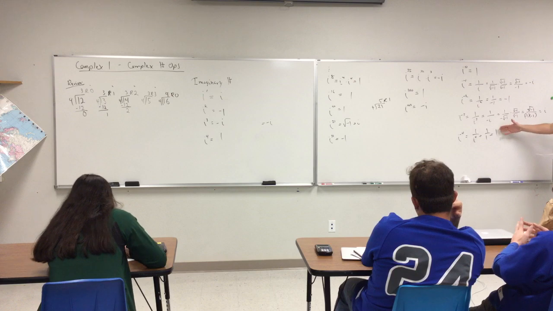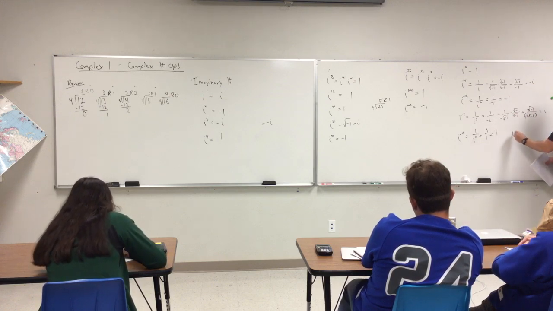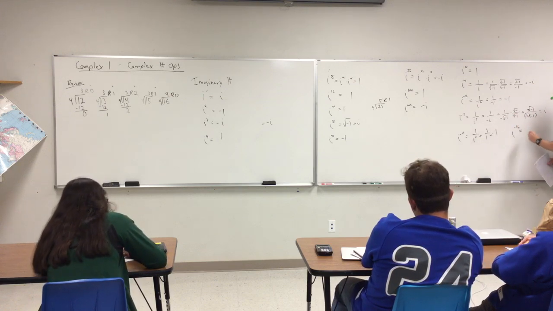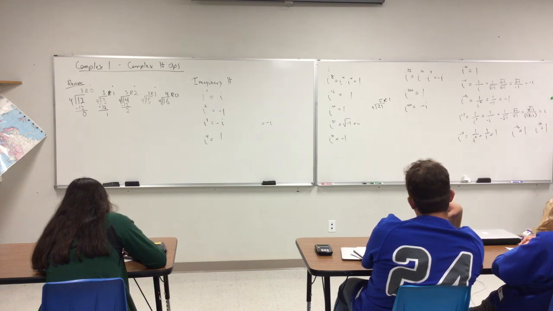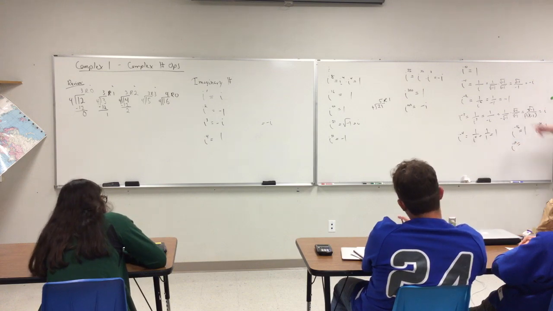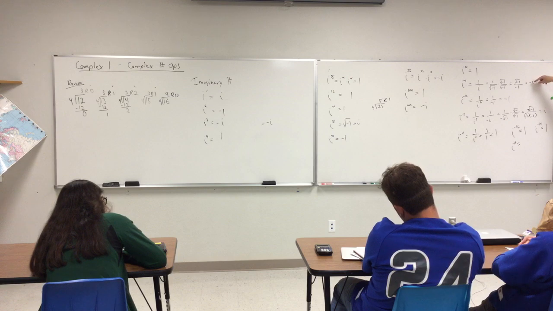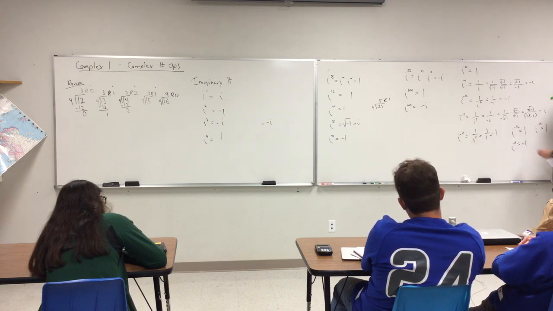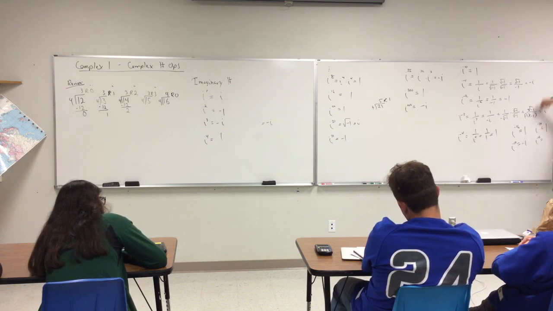For instance, I to the negative 16 is going to be 1. I to the negative 24, that's a multiple of 4, that's going to be 1. But then the next one after that, I to the negative 17, we wrap back up here, that's going to be negative I. I to the negative 25th, okay, so that's wrapped around, that's going to be negative I.